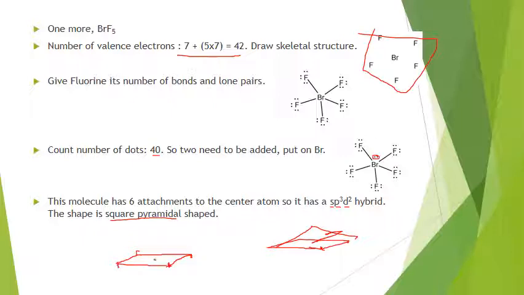The bromine is right in the middle. There's a lone pair at the bottom, and then there's another fluorine at the top. And if you go back and look at the table, you can see that as well.